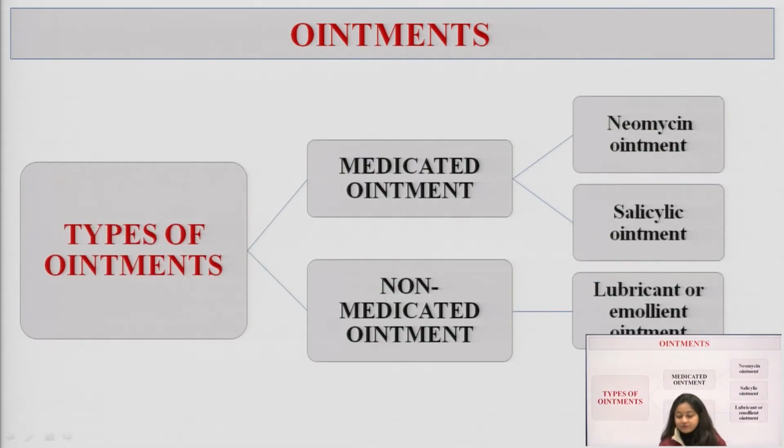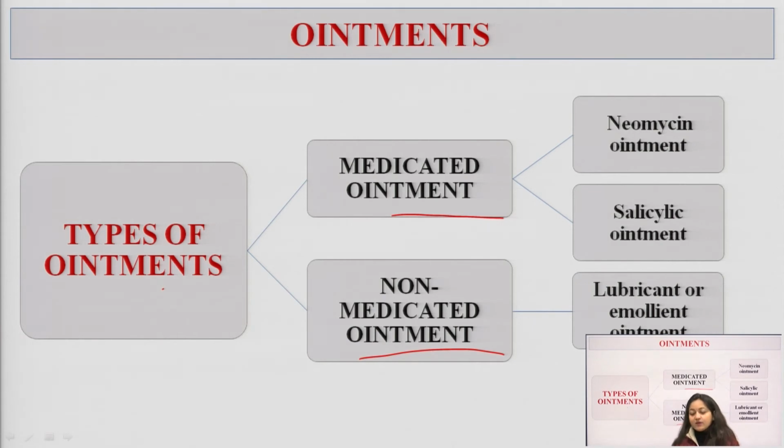Moving ahead, the types of ointment. Majorly, ointments are classified as medicated ointment and non-medicated ointment. It is obvious from these two terms. Medicated ointments are those that contain API and are often used for producing some sort of biological response.